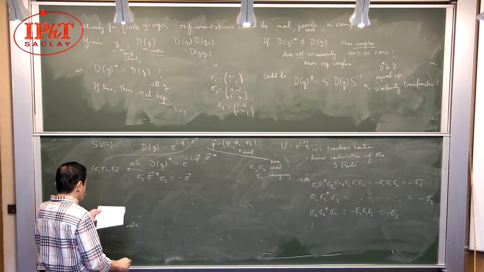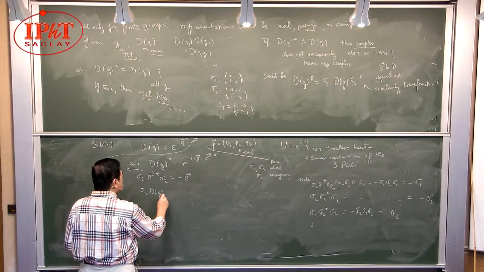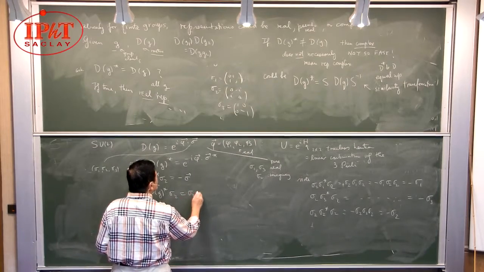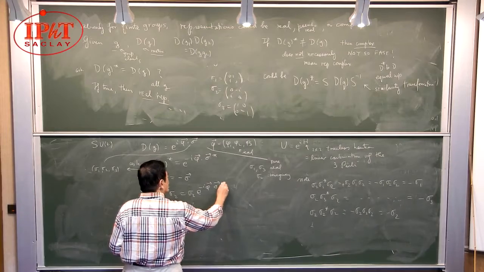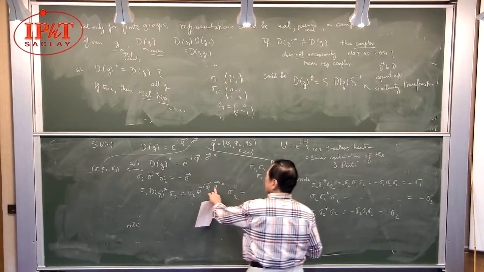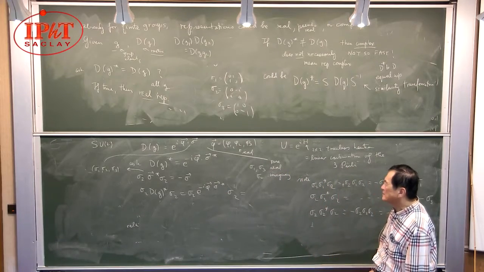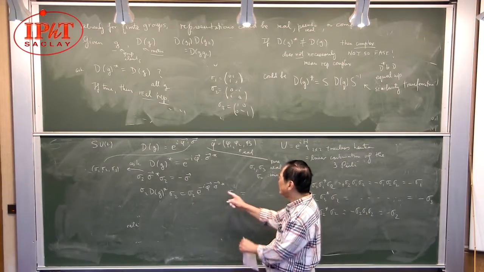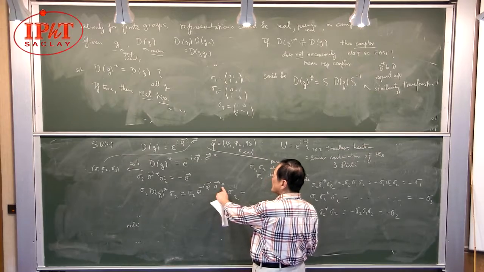Okay? So therefore, sigma 2 D of g star sigma 2 is sigma 2 e to the minus i phi sigma star sigma 2. If you think of expanding the exponential in a Taylor series, in a power series, then term by term, sigma 2 changes sigma star into minus sigma star.